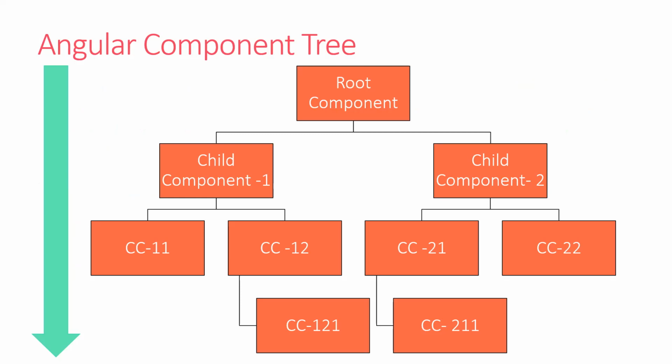And by clicking CC211, some parent component's data value is also changed. That is managed in HTML and TS both. So is the change detection done a second time or not? Can you explain your question again? Let us go step by step.